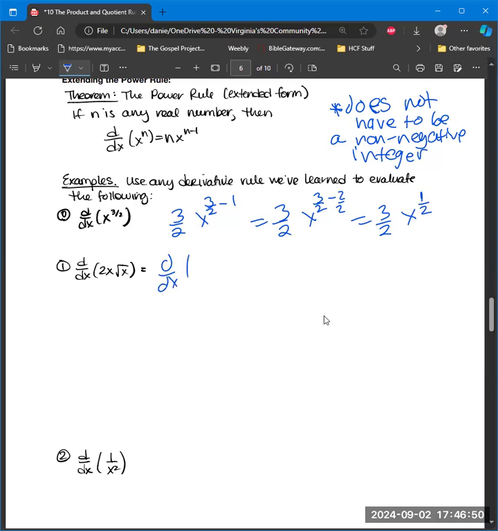This is 2 times x to the 1.5, and that 2 is going to pass through. And we just figured out that the derivative with respect to x of x to the 3/2 is 3/2 x to the 1/2. So this 2 and that 2 will cancel, and I'll be left with 3x to the 1/2.